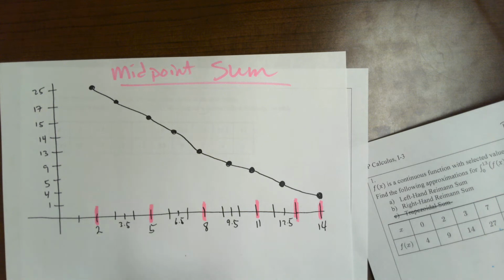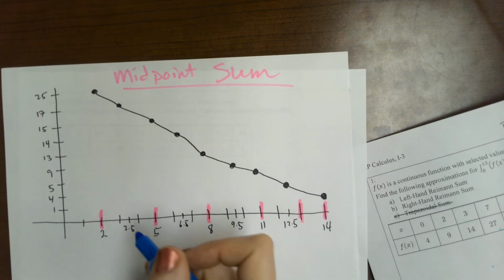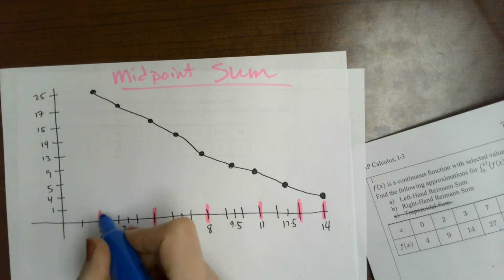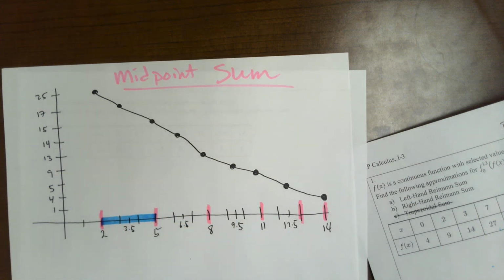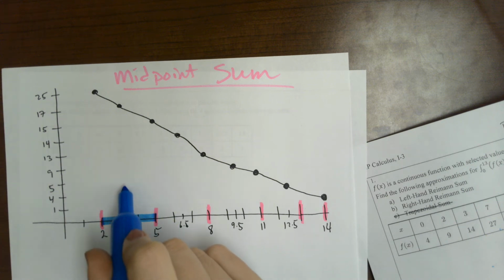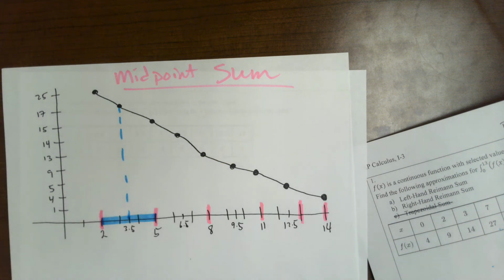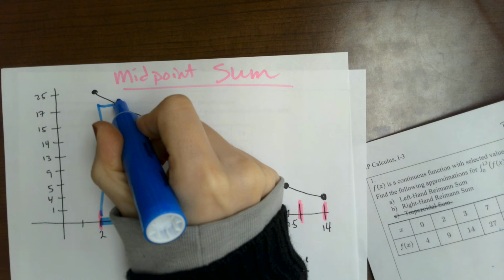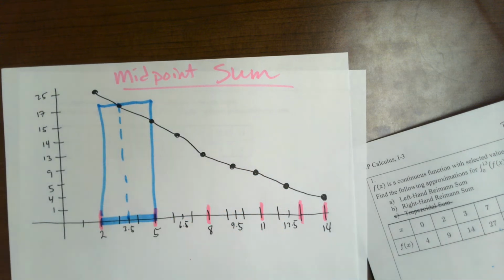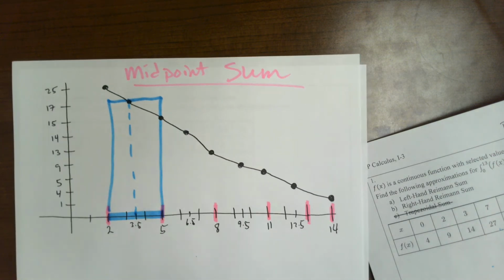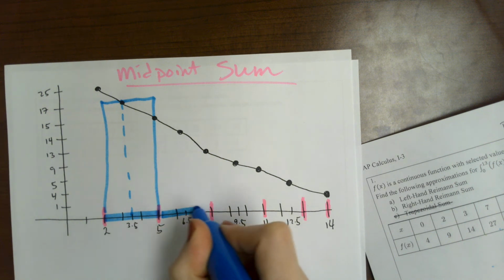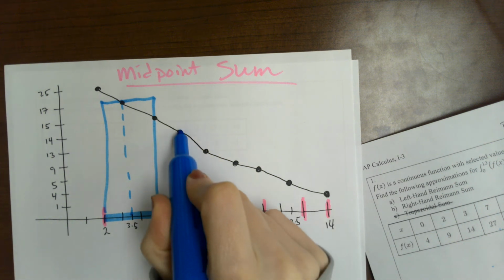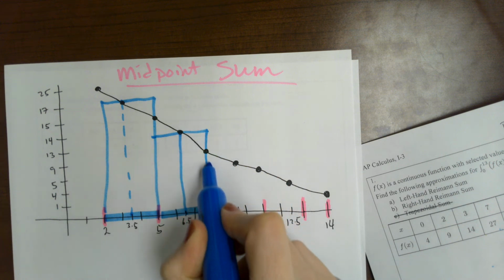And guys, you might not feel the need to watch the rest of the video once you see me do the first rectangle. Here is the base. And then to determine the height, you go from the middle here, 3.5, up to the graph, and then you do little horizontal segments on either side, like that. And then base, up to the graph, little horizontal segments on either side.